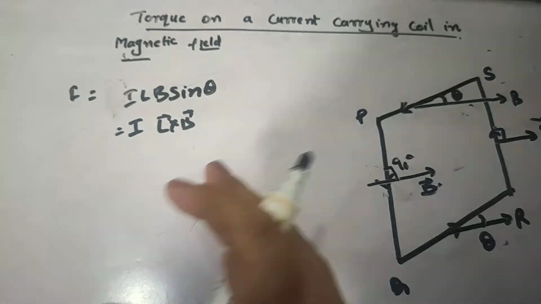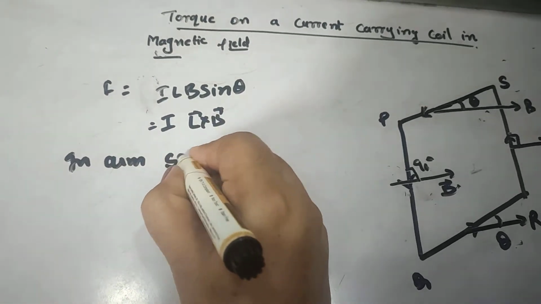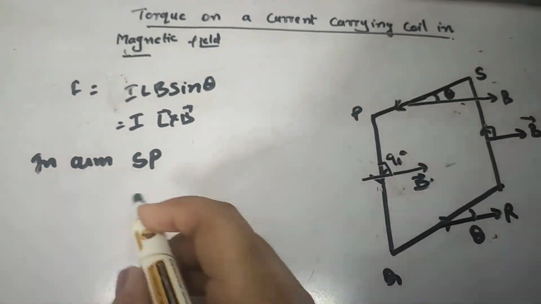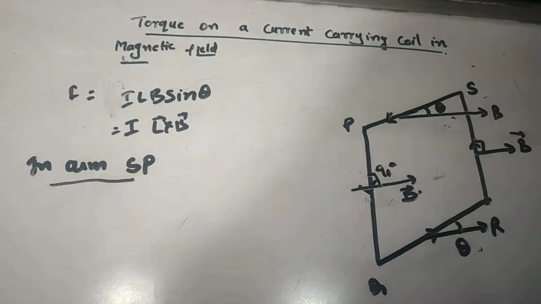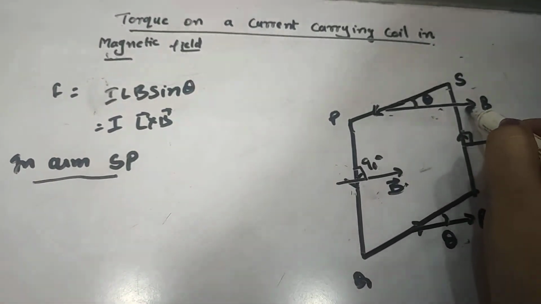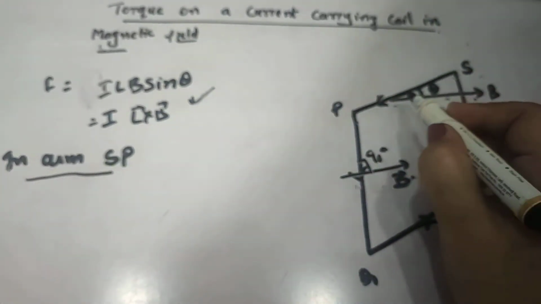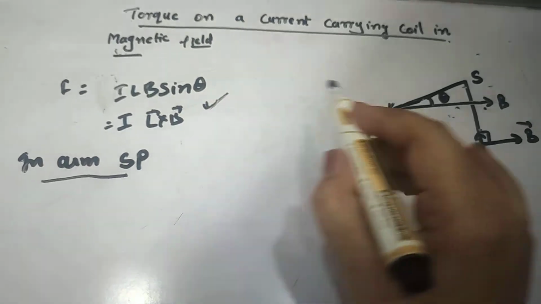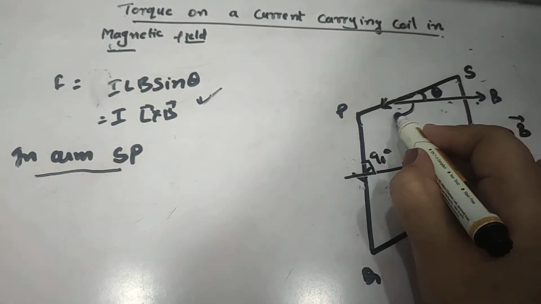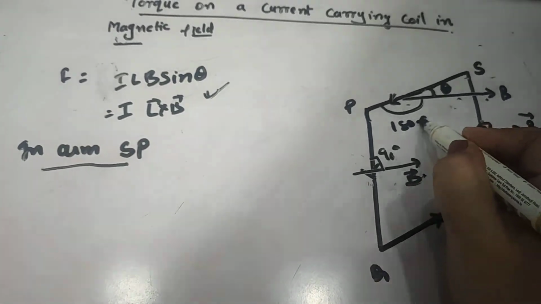Now firstly we will find the direction of force in the arm SP. In arm SP, the direction of current is from S to P. Magnetic field is in this direction. So the angle theta will be between L and B. Since we are measuring from S to P, the angle will be 180 minus theta.